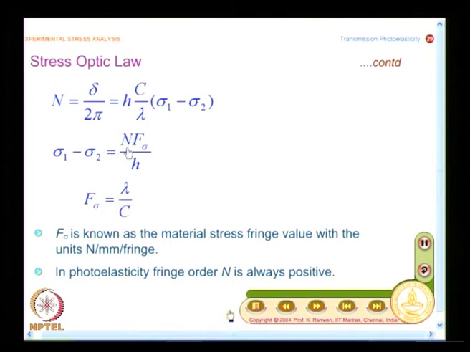From the experiment, I will have to find out the fringe order, and depending on the material that I use, if you look at photoelasticity, for class demonstration we bring in polyurethane, and then you have polycarbonate, you have epoxy, you have Perspex, you have even glass, they are all photoelastic materials, and even the recently introduced stereolithographic resin, they are all photoelastically sensitive materials. And we use these for certain purposes. In class it is easy for me to apply the load and then show the generation of fringes very conveniently.